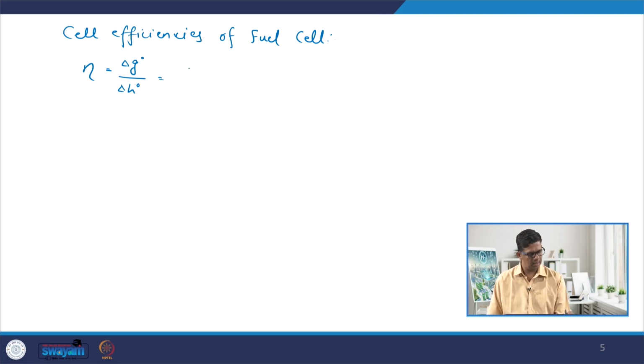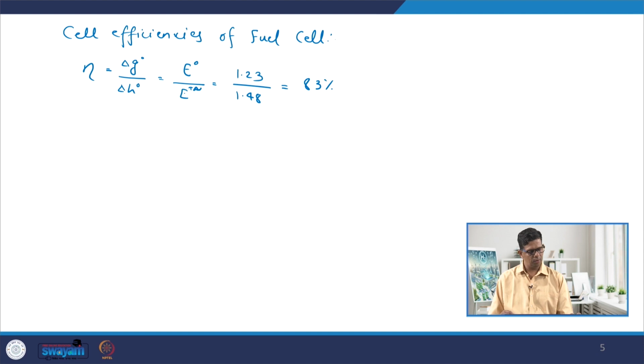I can even write this as a ratio of reversible cell potential with thermoneutral potential, and they are constant, they are fixed for a hydrogen oxygen fuel cell, and the number is constant, 83%.